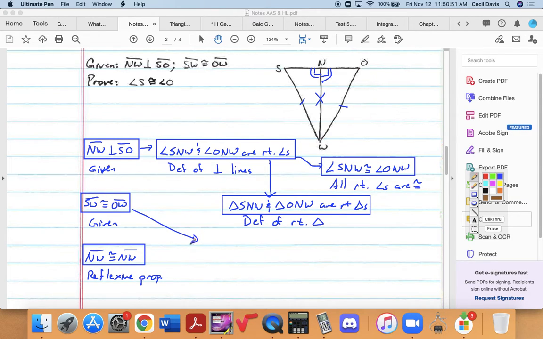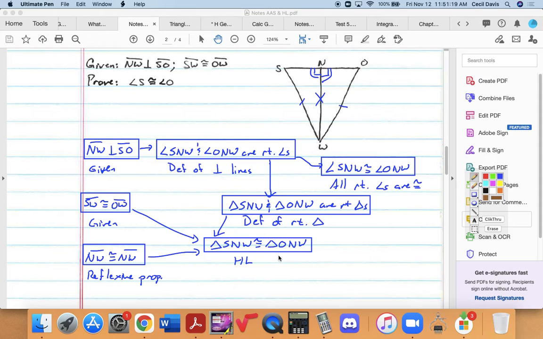Now I can bring these 3 things together to say that triangle SNW is congruent to triangle ONW, and that will be because of hypotenuse leg. We're not quite finished.